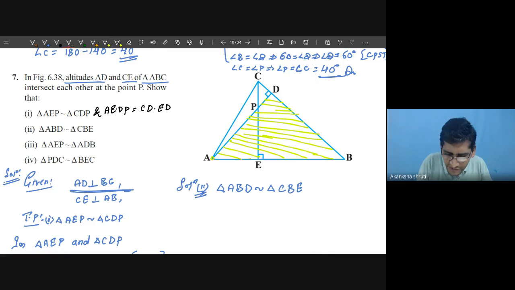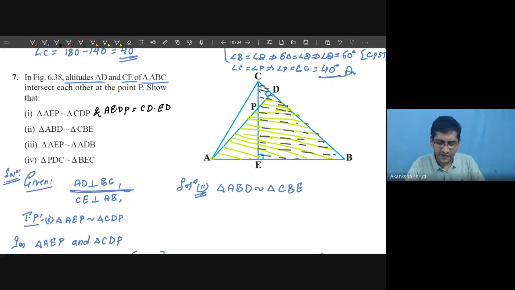Let us hatch it with the dotted one. So we may take this. Or if you have a problem, then you may hatch in this crossed fashion. This is the other triangle that we need to consider. So we have to focus on these two triangles carefully.